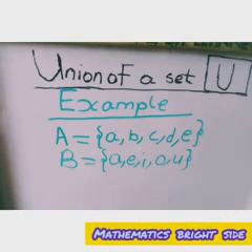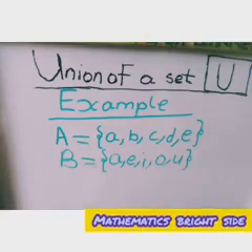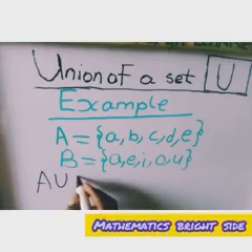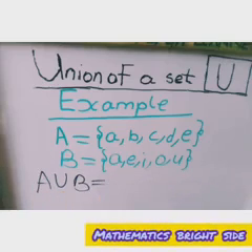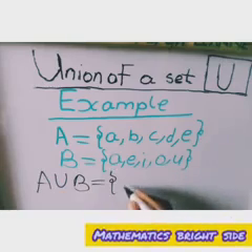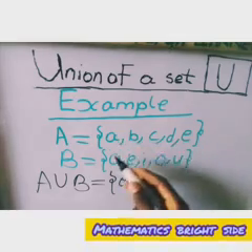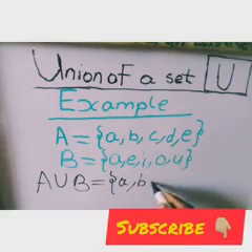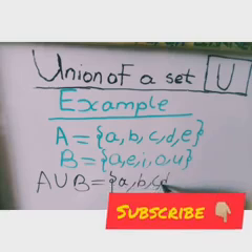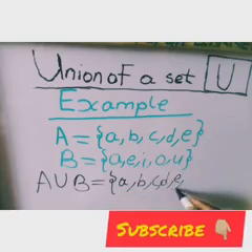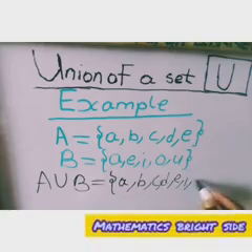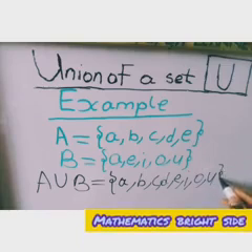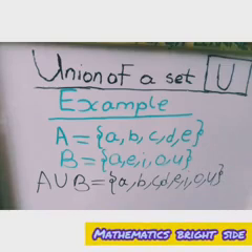That is, we are going to combine all the elements in set A and set B. That is A union B is equal to A. As you can see, A occurs twice, but we are going to represent it once, followed by B, then C, D, E, I, followed by O, then lastly U. That's just it. It's very easy.